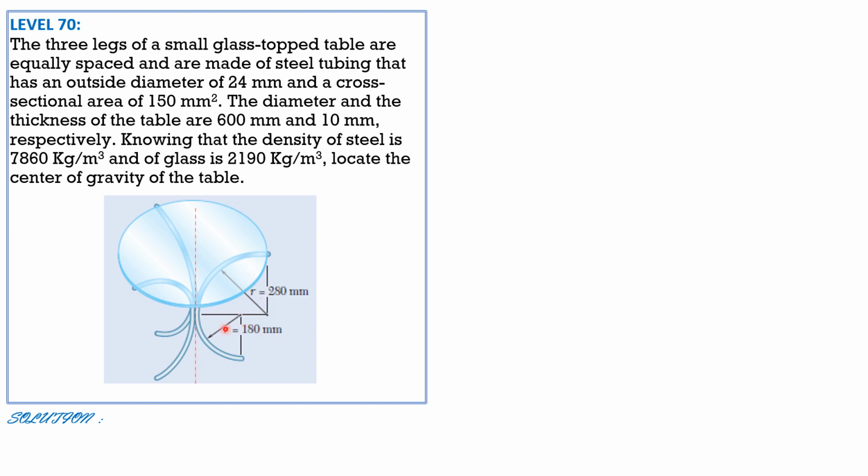And take note that here it is clearly denoted that R is from the center to the inner arc, not the mean radius. So we have to add the radius of this tubing, which is 12, half of 24. So let's call that the center of gravity of the entire assembly, and we'll call that HG.